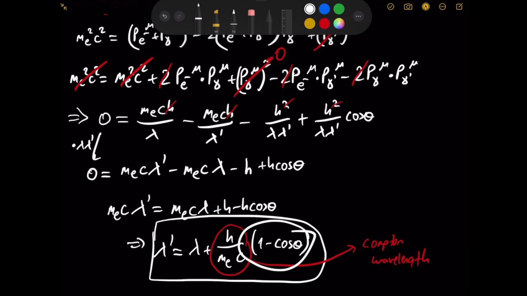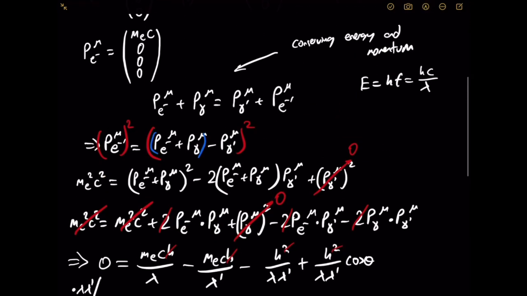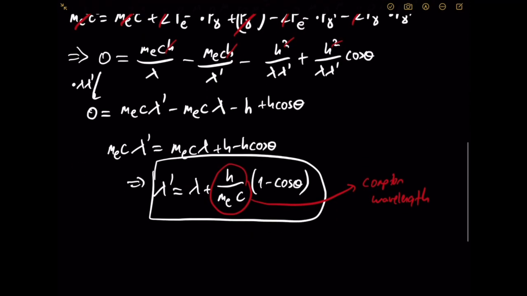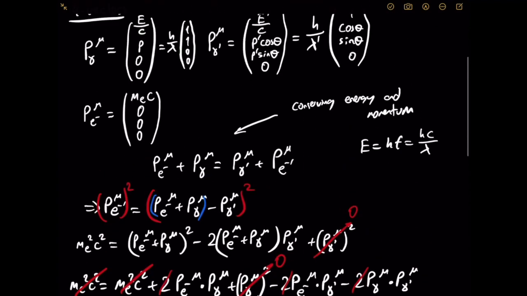Cosine of theta can't be more than 1. So there you go, as we expect, lambda prime is greater than lambda. For example, if cosine of theta is minus 1, so theta is 180 degrees, you would have the maximum lambda prime. And if cosine of theta is 1, so theta is 0, so it is not deflected, which might happen maybe, in that case lambda doesn't change at all. I don't think that's really physical though.